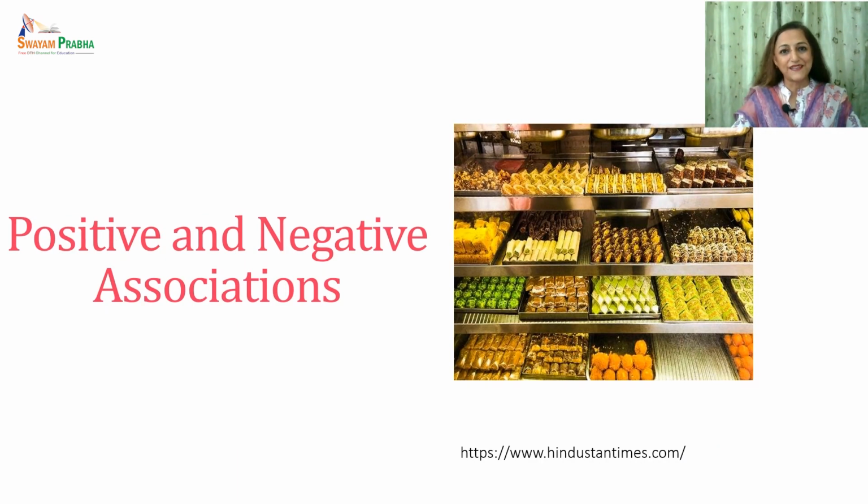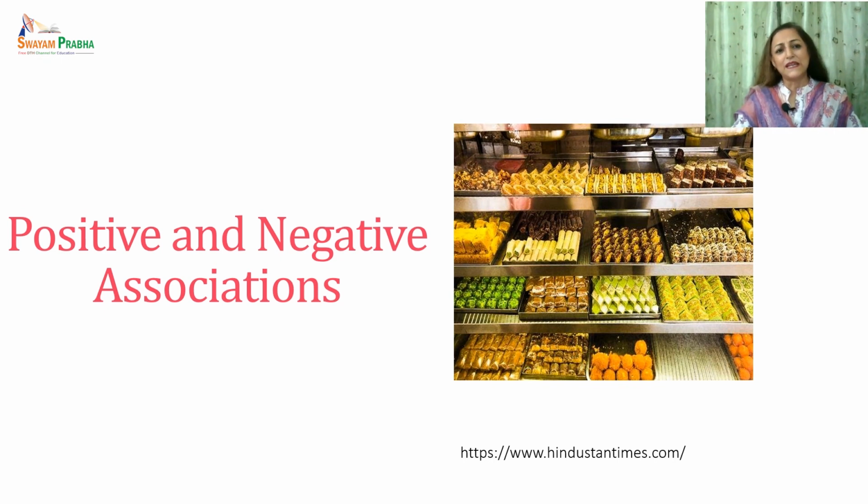Our food choices are affected a lot by our positive and negative associations. People tend to like foods with happy associations, such as we enjoy sweets during Diwali or other festivals, or happy occasions such as cakes during Christmas and during birthday parties.